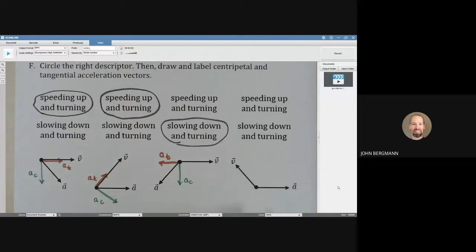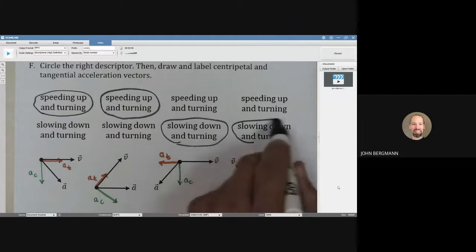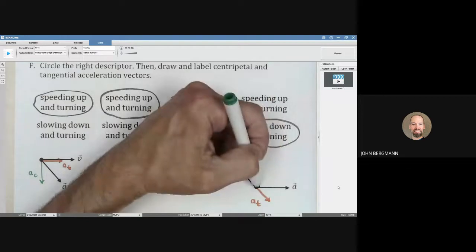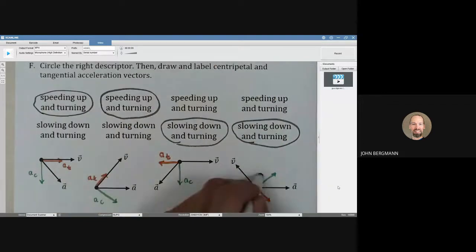And finally, here again, slowing down and turning. Let's break this acceleration into a component that is parallel to the velocity and a component that is at right angles to the velocity. There you go.